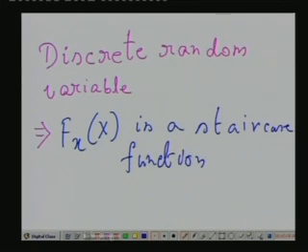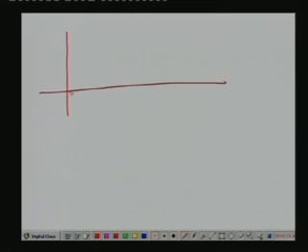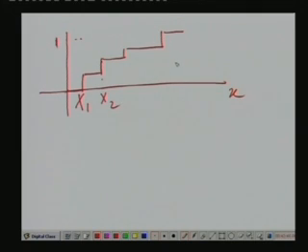I am giving an example. These are the points of discontinuities, okay, say x1, x2, say this is xi, right.